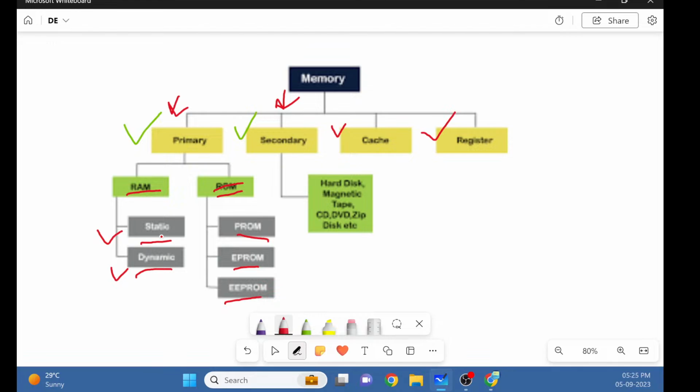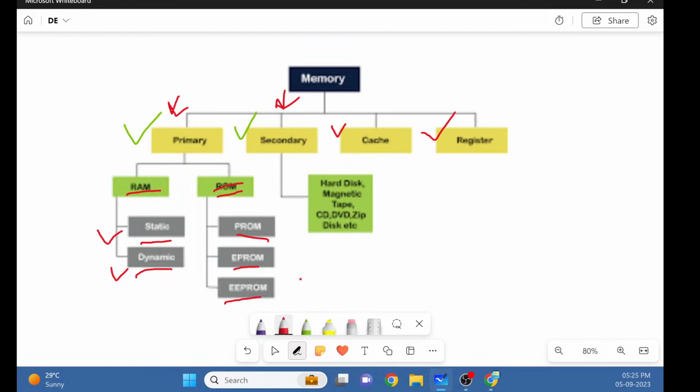In static RAM, no refreshing is required, whereas in dynamic RAM, refreshing is required. Now ROM is nothing but a combinational circuit, and it is also known as masked memory.